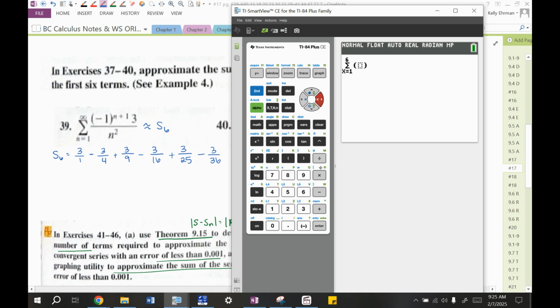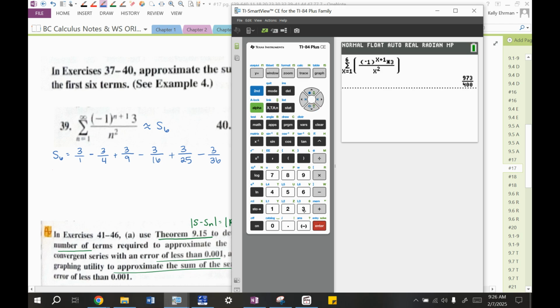And you would type in this expression. So just be careful about it. Now, if you change this to a fraction like this, it will give you the answer as a fraction. So that's fine with me, but just know that. So it's -1 to the x plus 1 times 3 over x squared gives me this.